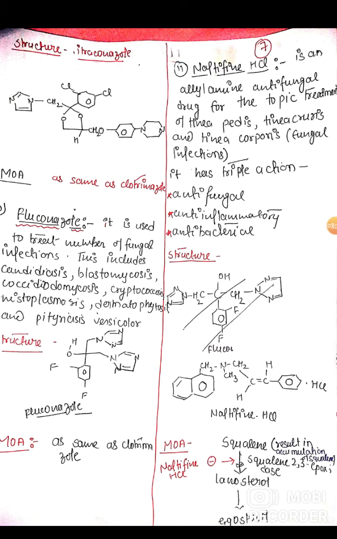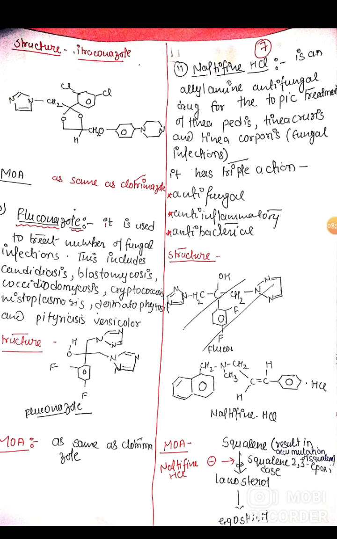Naftifine hydrochloride is an allylamine antifungal drug for the topical treatment of tinea pedis, tinea cruris, and tinea corporis, that is, fungal infection. It has triple action: antifungal, anti-inflammatory, and antibacterial.